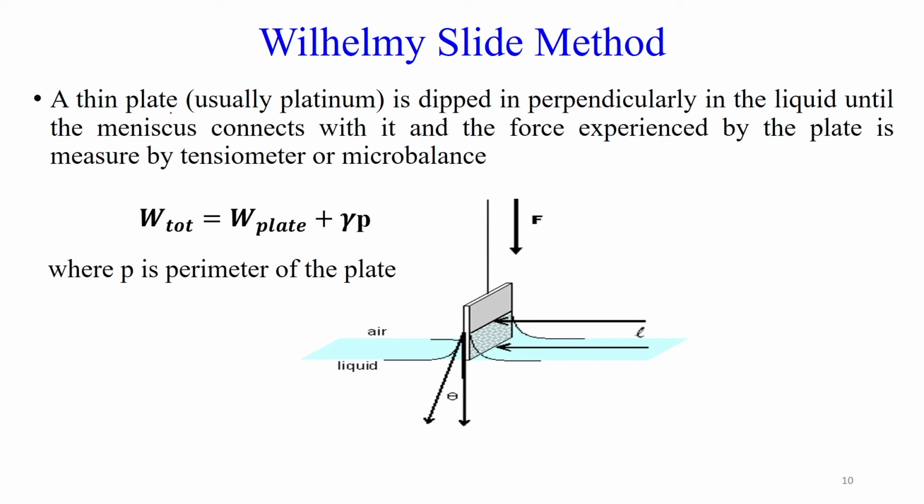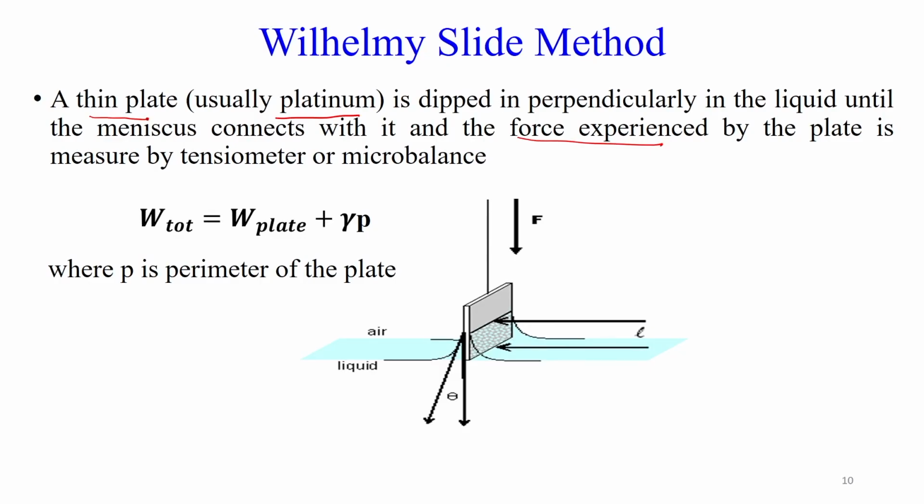So, here we have a thin plate, and again the material of the plate should be inert and light. So, we mostly use platinum. It is dipped perpendicular in the liquid, and once it is at the surface layer, we pull it out, and the force experienced while pulling it out is equivalent to the surface tension, which is measured again by either a microbalance or the tensiometer.